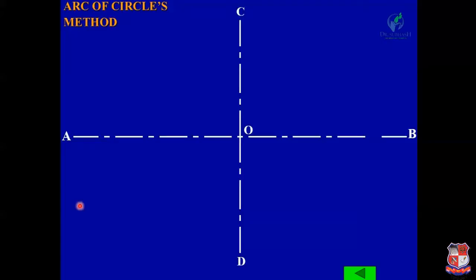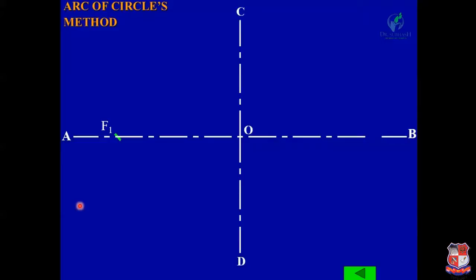Now we have to mark the foci F1 and F2 on the line AB. For that, as per the definition of an ellipse, take the radius equal to AO and center C, and draw an arc on line AB. This is our focus F1.